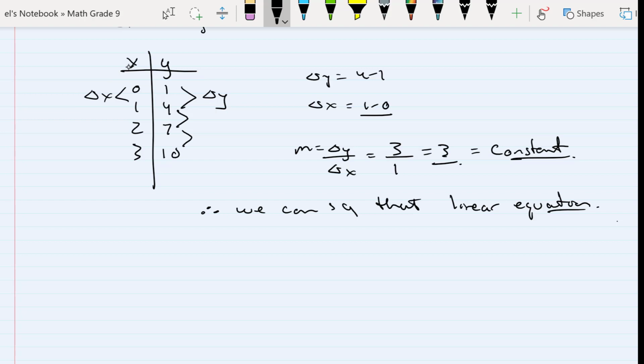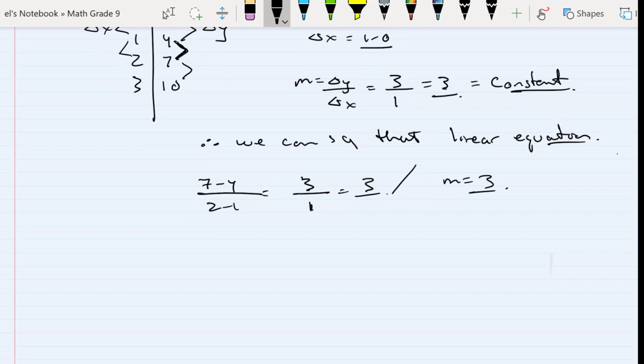So for example, if we compared 7 and 4 all over 2 minus 1, we have 7 minus 4, which is 3, 2 minus 1, which is 1, which is also 3. So m is constantly 3 throughout. Our slope doesn't change.